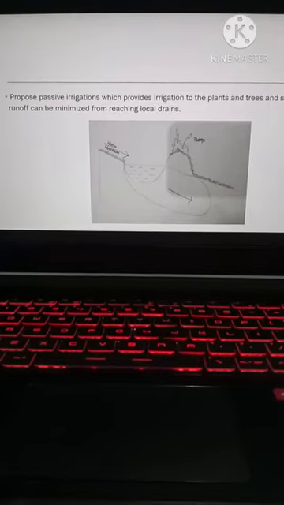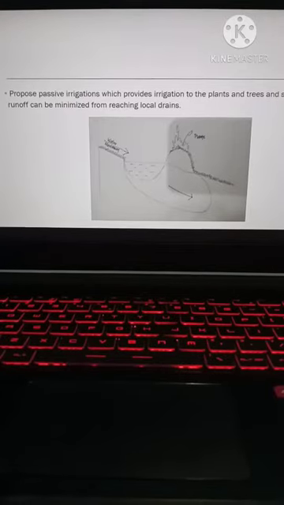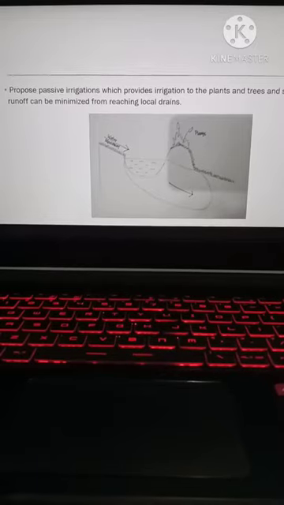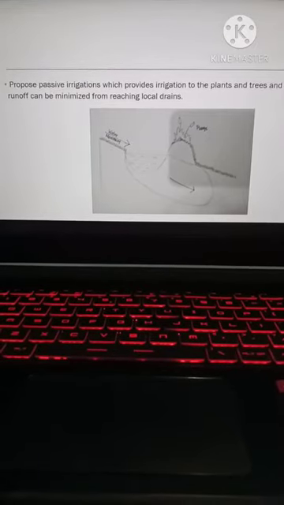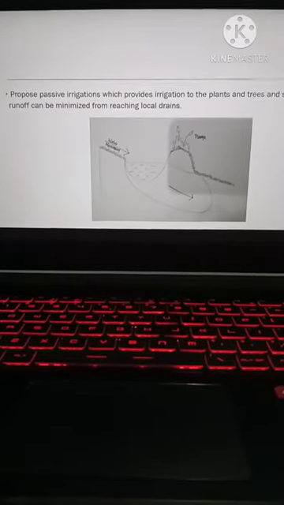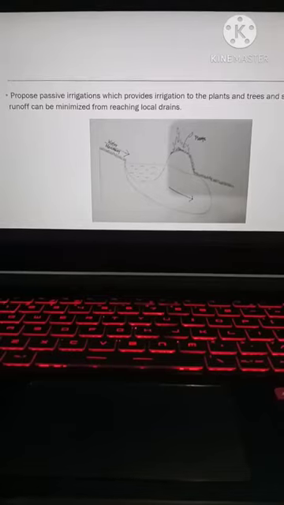The next suggestion that we could use in our future landscape projects or construction projects is to propose passive irrigation, which provides irrigation to the plants and trees, and stormwater runoff can be minimized from reaching local drains.